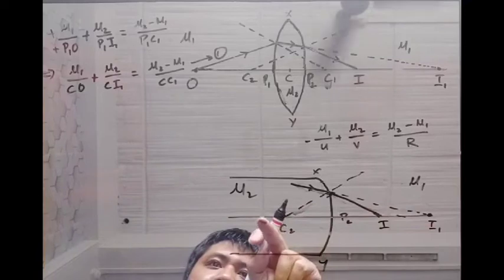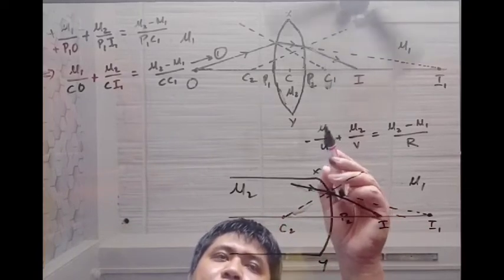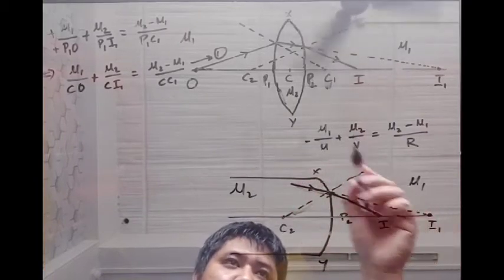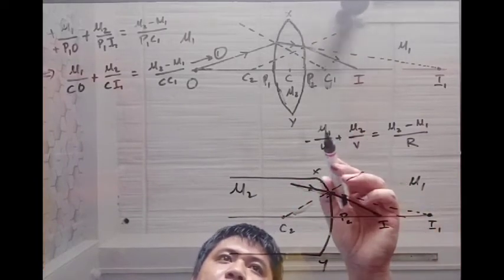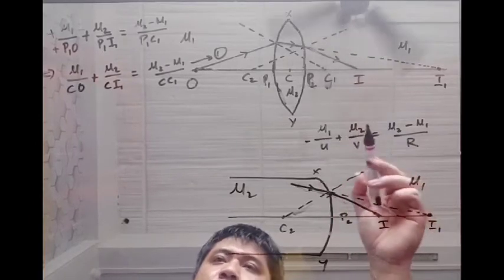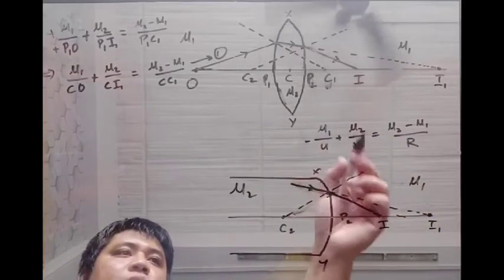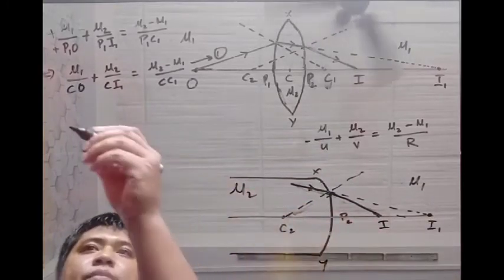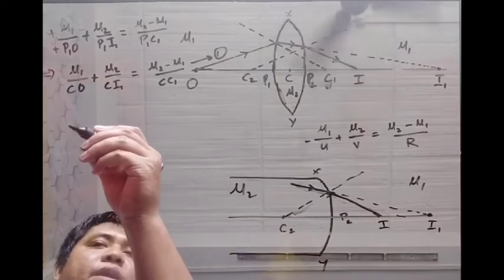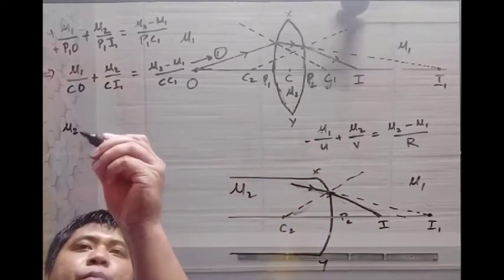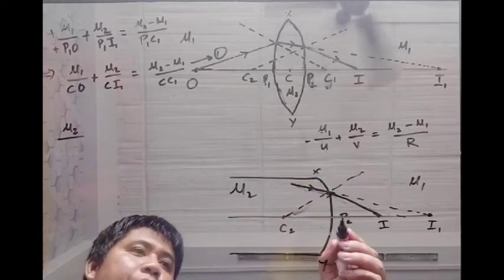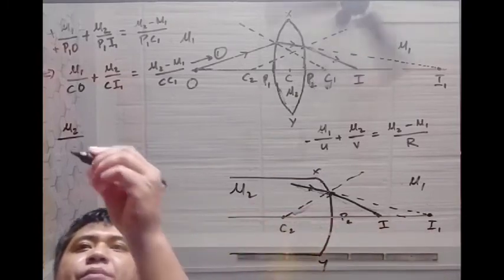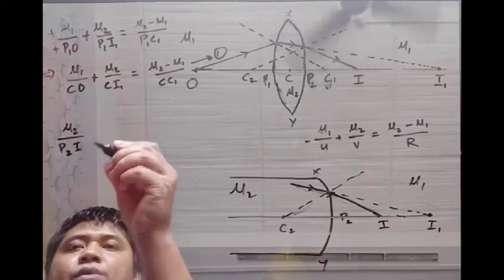Here the ray travels from mu2 to mu1, so mu1 will be mu2 and mu2 will be mu1. They will interchange their places. Let me apply this formula again. I1 is the virtual object. So what do we have? Mu1 is mu2. In case of u, this is the object, so u will be P2I1.